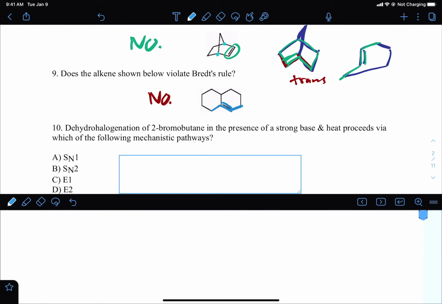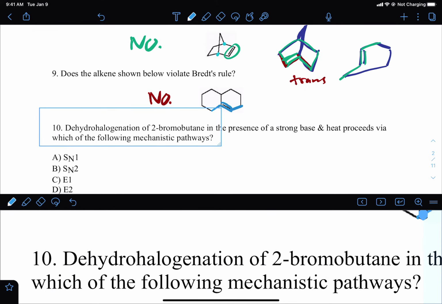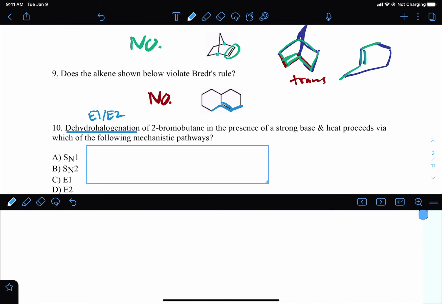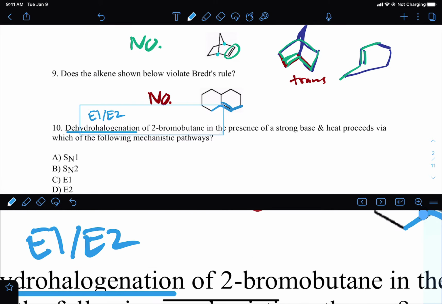Okay, so none of these do. All right, dehydrohalogenation. This is a long, complicated word for E1 and E2 mechanisms. Okay, when you learn E1 and E2, specifically where you lose an H and a halogen.